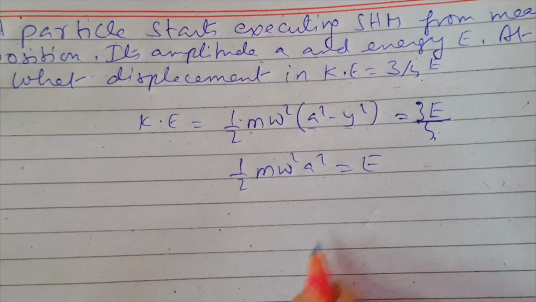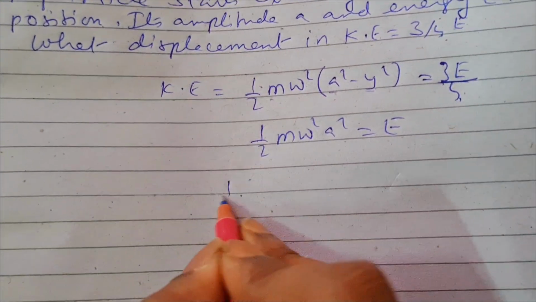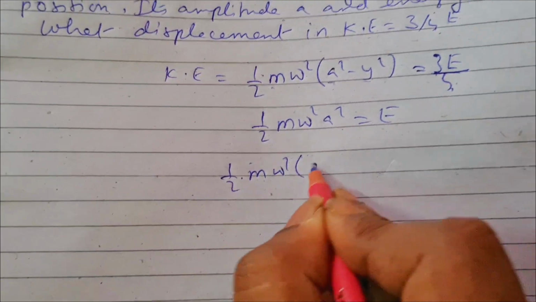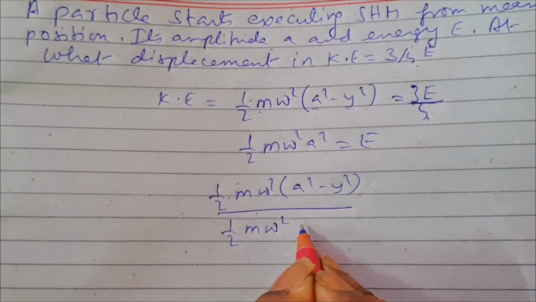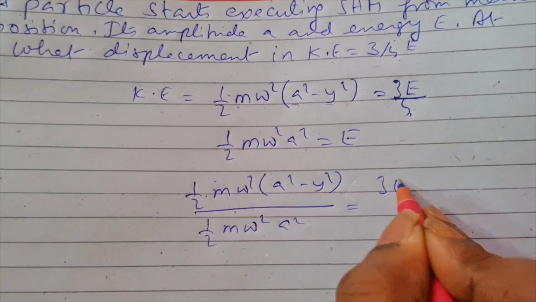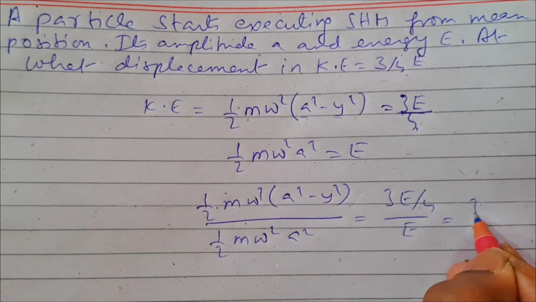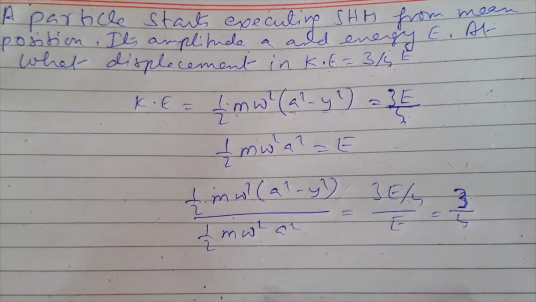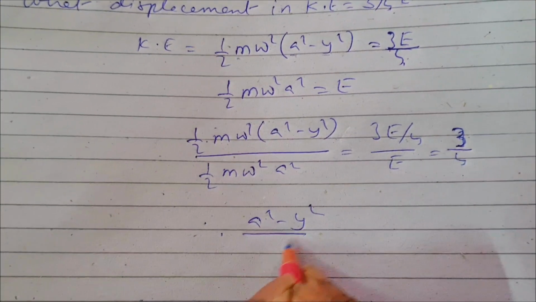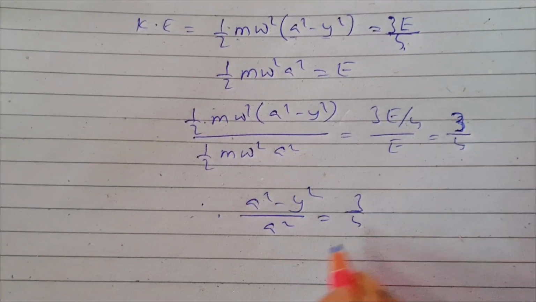So why don't we make a ratio of it? Half m omega square into a square minus y square, over half m omega square into a square, equals 3E by 4 by E, that is 3 by 4. So a square minus y square by a square equals 3 by 4.